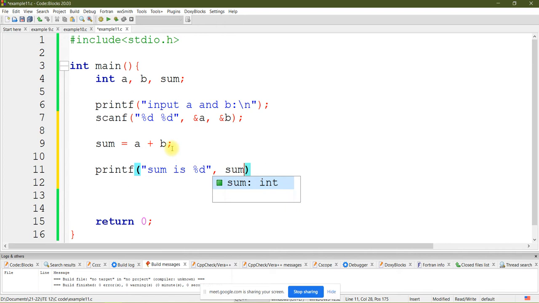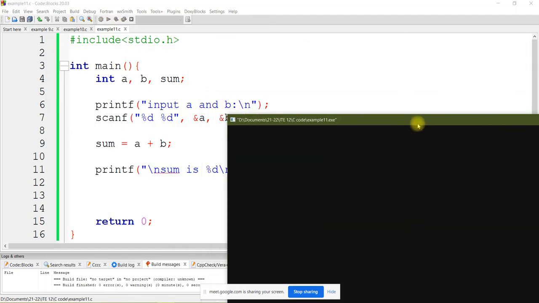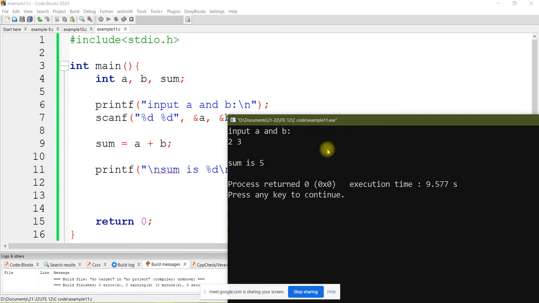Okay, sum. The sum is percent d. Okay, let us try to run that one. So input A and B, let us say 2 and 3. Of course, the sum is 5.